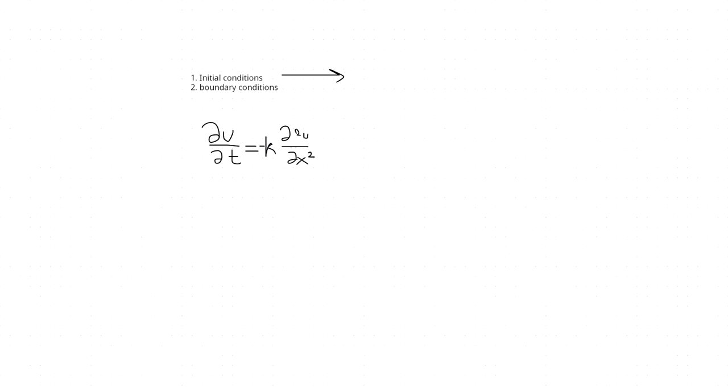And plus q if you're dealing with source charges, but let's assume we're not. So in this case, our initial condition is simply u at x comma 0 equals some f of x, right? And this could be anything.